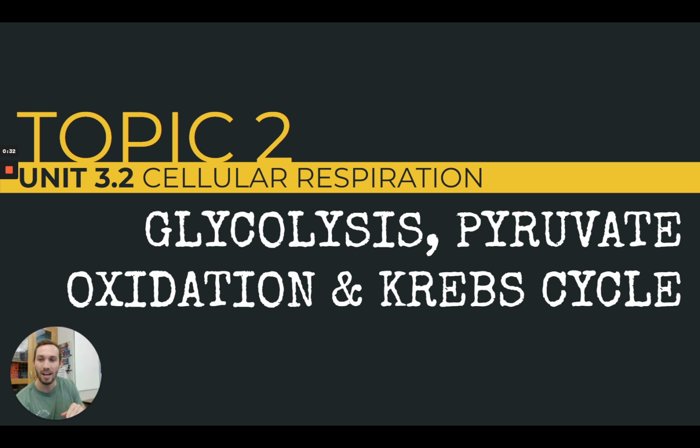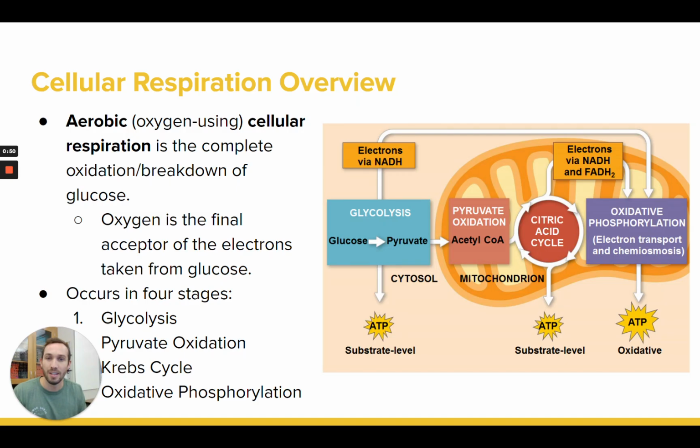What we're about to look at is a very huge series of chemical reactions that ultimately lead to glucose breaking down in the presence of oxygen, with CO2 and water being formed. When we're talking about cell respiration, by default we're referring to aerobic cell respiration.